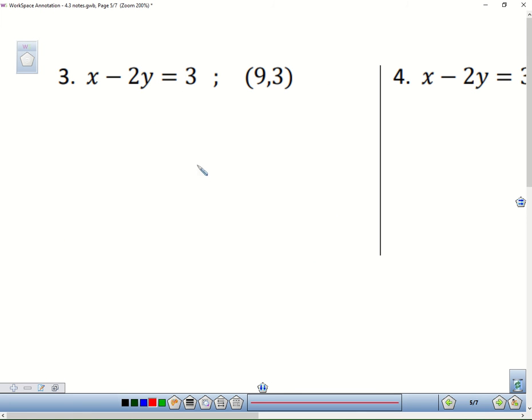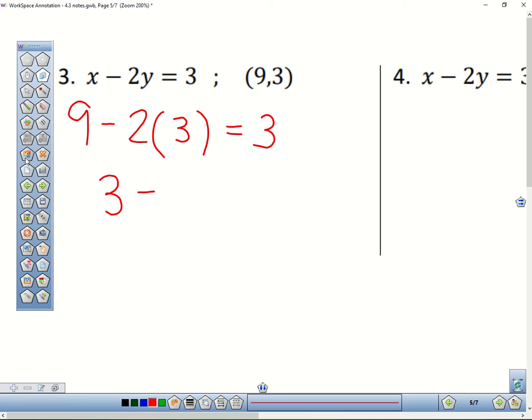So now we're moving on to the next one here. So we're going to plug in for x and y. Which one's going for x? 9's going in for x. And y we're plugging in? 3. 9 minus, what's 2 times 3? 6.